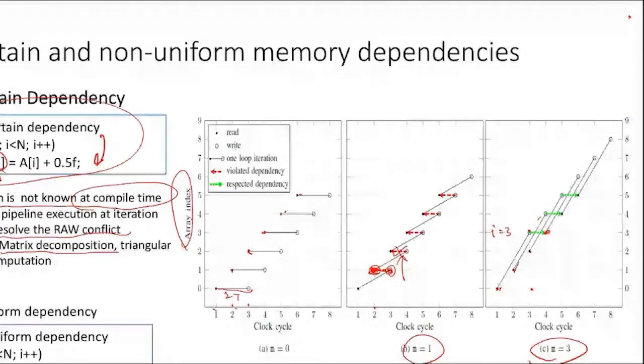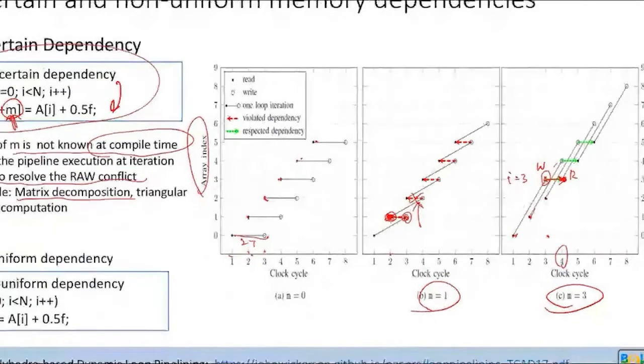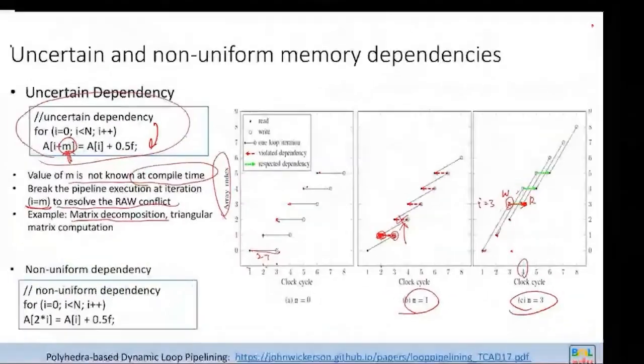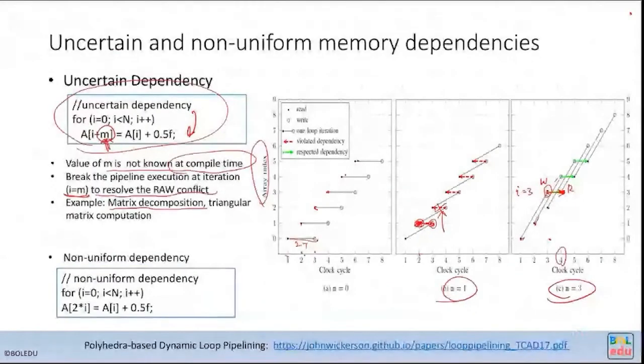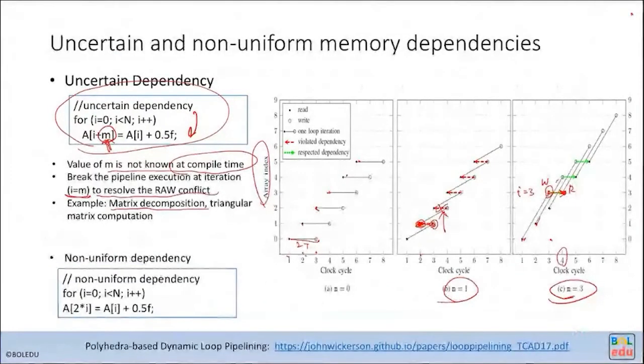It's already in the fourth cycle, and the result was produced at the third cycle, so there's no problem. That's the right value at the point where the read happens. So this is safe. Depending on m, you can have a different pipeline II.